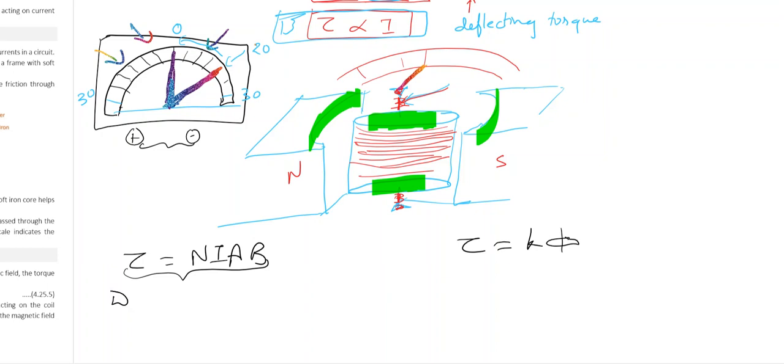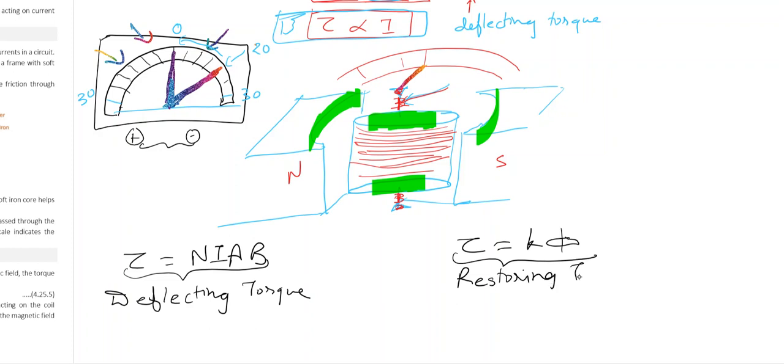It is called deflecting torque. And what is this called? It is called restoring torque. So we may choose to denote NIAB with tau D and K phi with tau R.